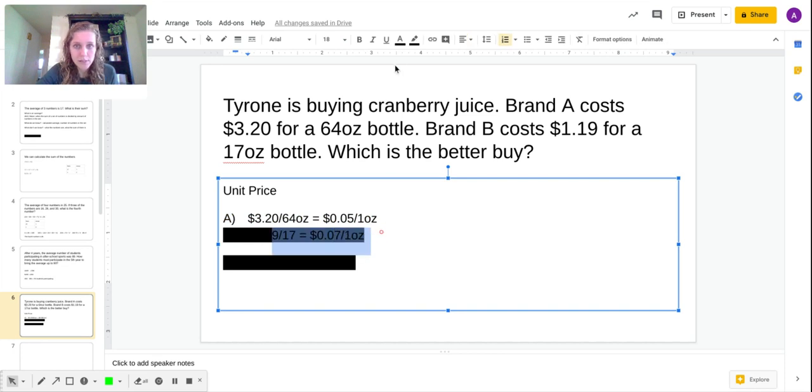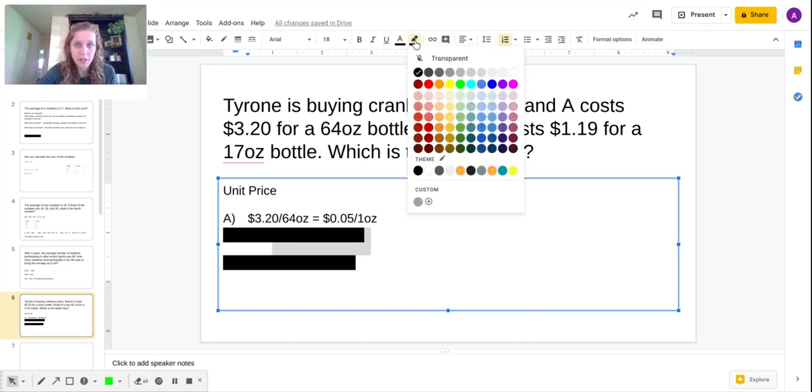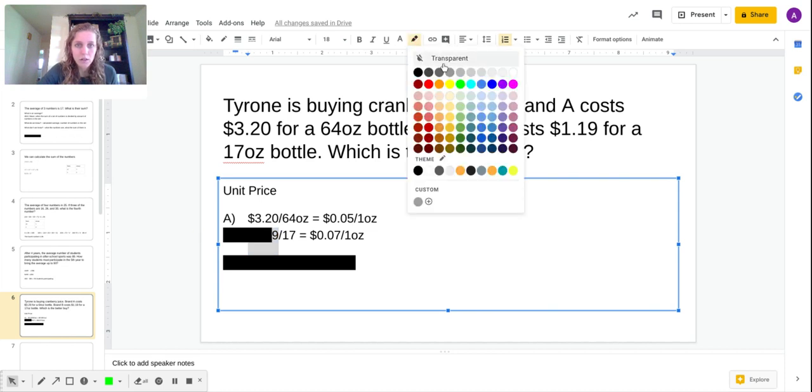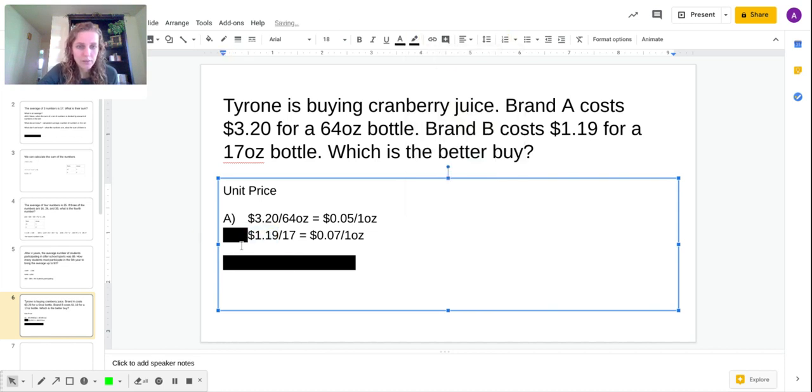So we need to find out the unit price for brand B. We take 119 divided by 17. We're taking the price and dividing it by the ounces, so we can get a price per ounce.